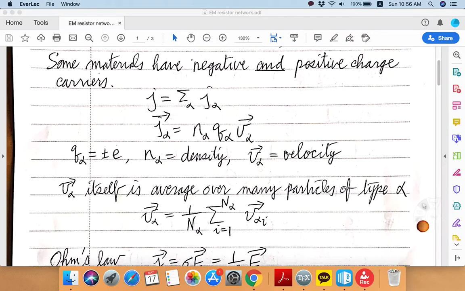However, even that is not really the case. Because inside a metal, you have something called the electrons, and then you have something called the holes.